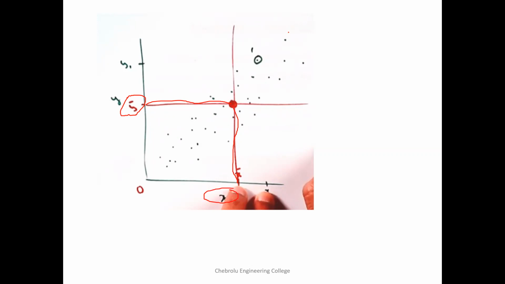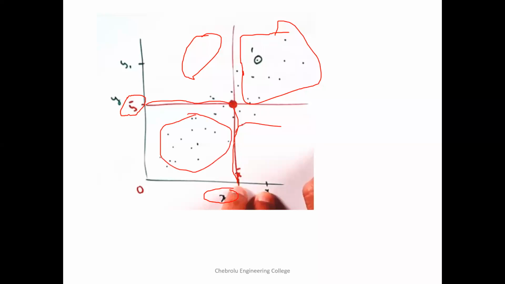Now take some points. Here some points are there, here some more points, and here also some points, my dear friends. This particular portion is called the first quadrant.